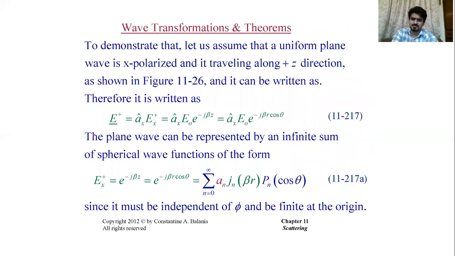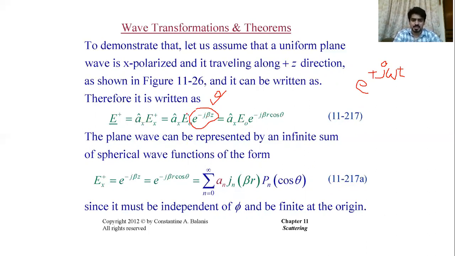As we know, we will consider a case where we have a plane wave propagating in the positive z direction, for our assumed time convention, e to the power positive j omega t. In that case, this function represents a wave propagating in the positive z direction.